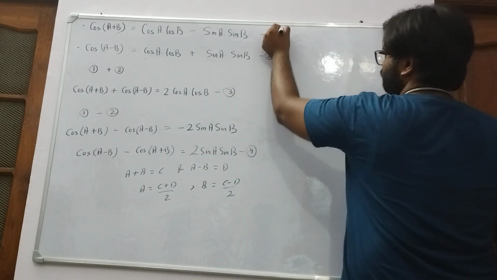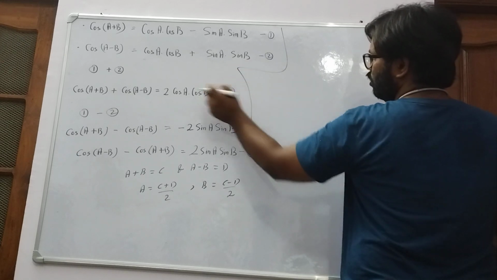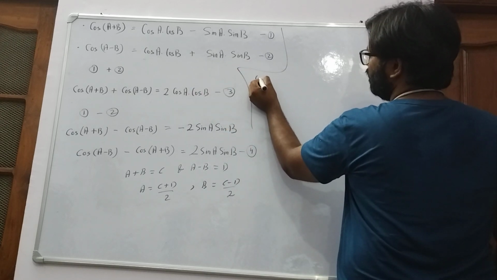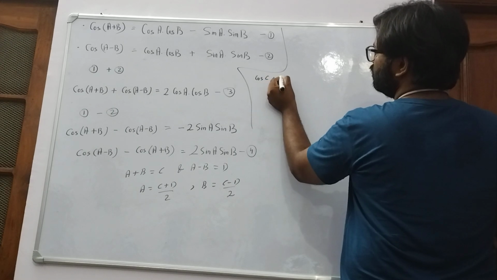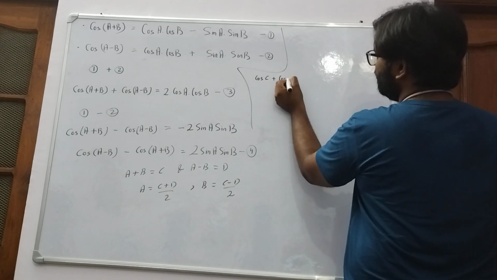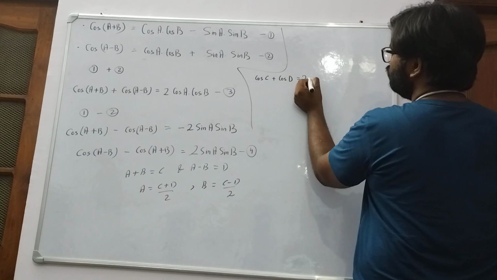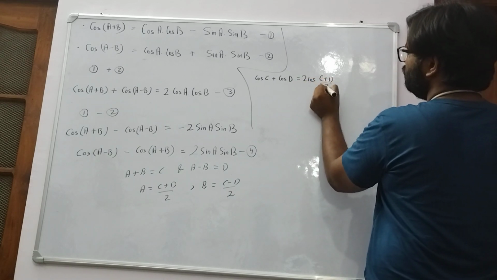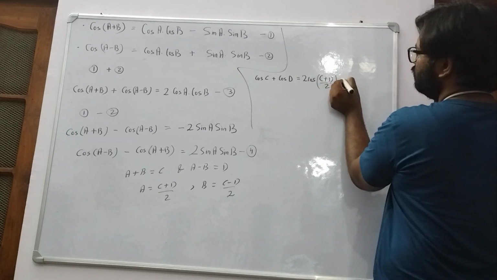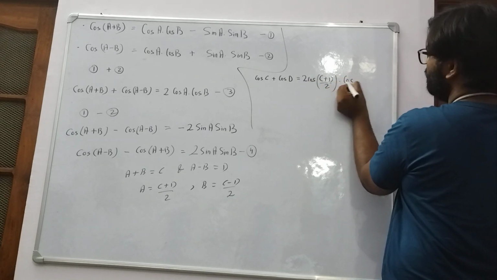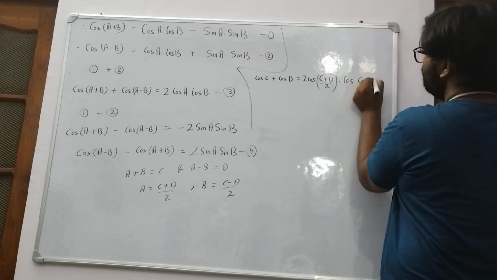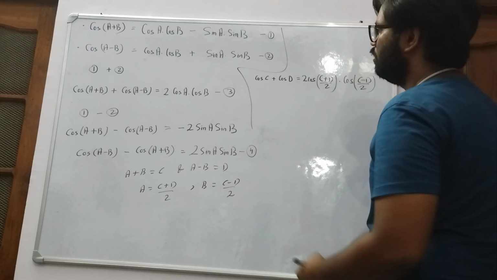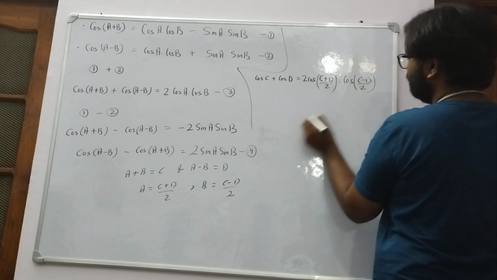So here it is. What we will get? Cos(A+B), that means cos C plus cos D is equal to 2 cos (C plus D) by 2 into cos (C minus D) by 2. Now, this is the equation number 5.